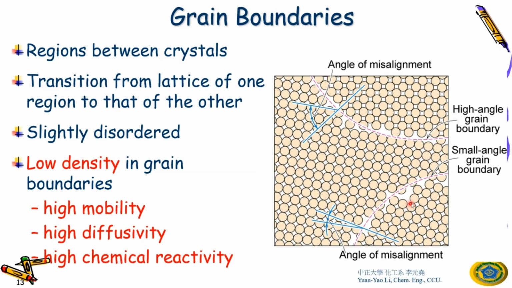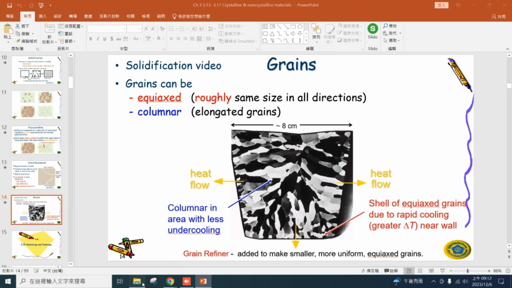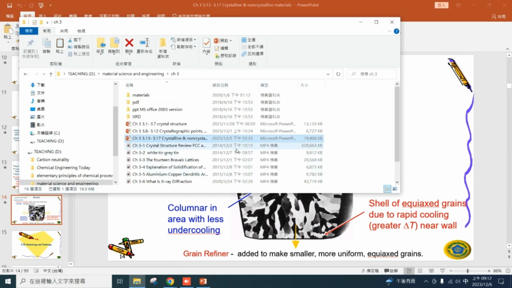Because this atom is in the grain boundary. So let's take a look at the solidification video, and we are going to explain this. The solidification video looks like this.